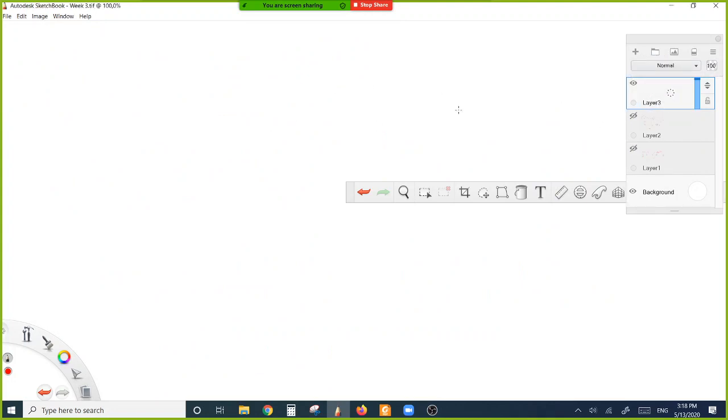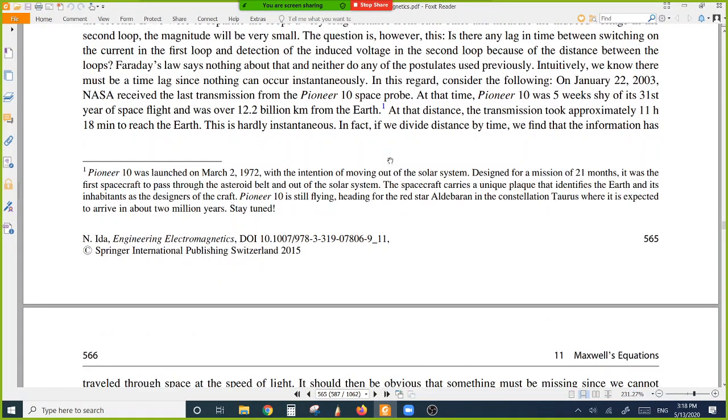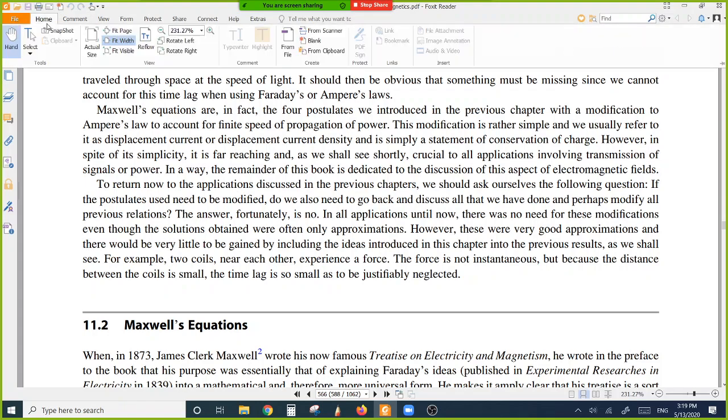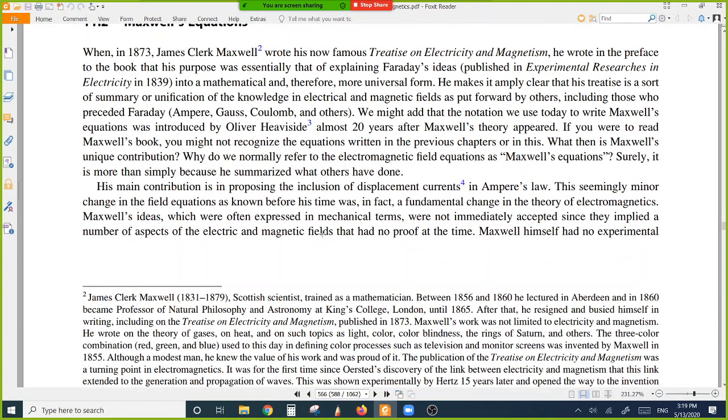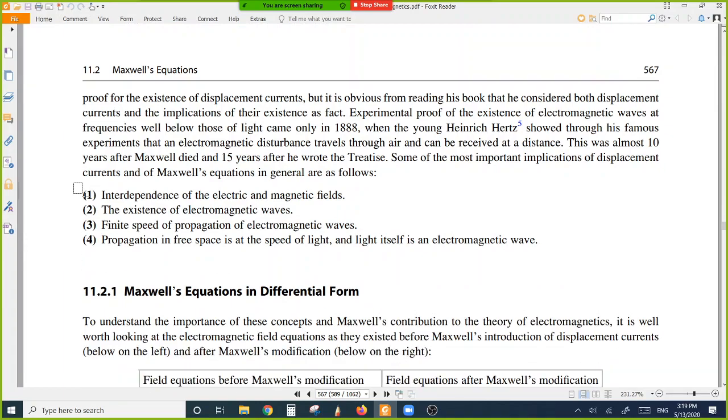Let me copy the four postulates, or four implications which come from Maxwell's equations.